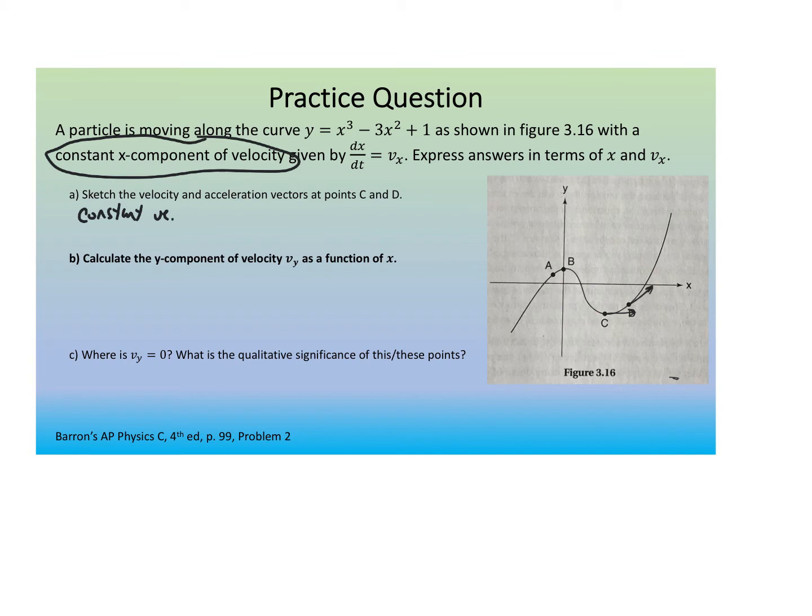So a constant velocity in the x means 0 acceleration in the x direction, which means the only acceleration that occurs is in the y direction. As the curve changes direction, we're accelerating in that direction. Remember, acceleration is a vector. We could change the rate at which our velocity is changing.